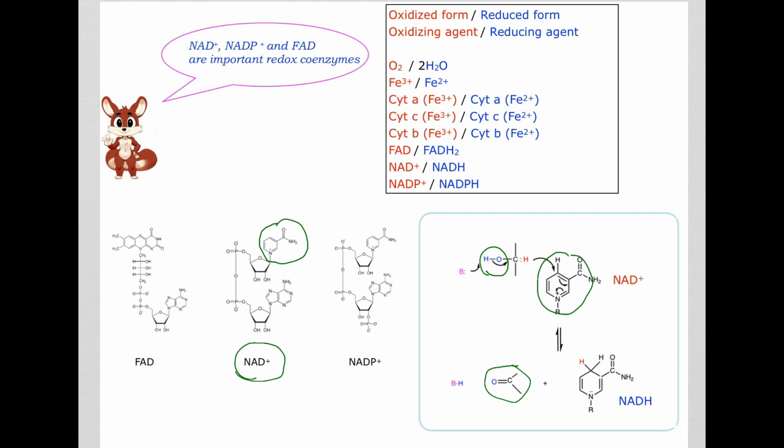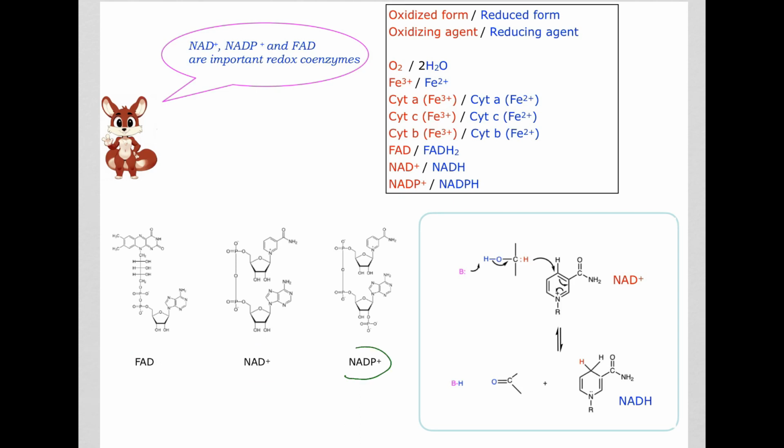So in the process, NAD takes away the hydrogen and becomes NADH. And of course, this reaction can go in the reverse direction, where NADH can donate its hydrogen, making the carbonyl back into an alcohol. In the previous videos, we saw examples of redox reactions that involve FAD as well as NAD.